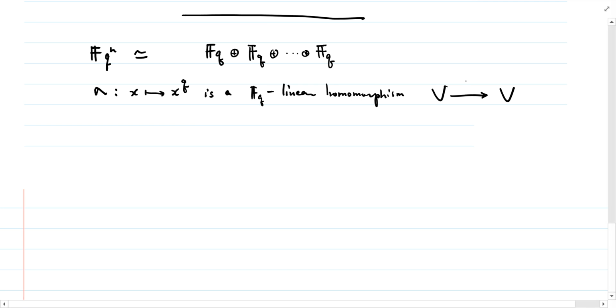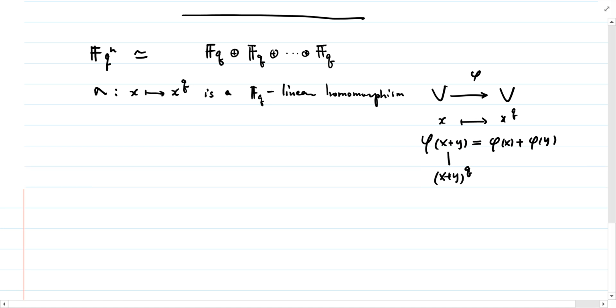Actually, what we have to check is, this is by definition a linear map, a q-linear map.